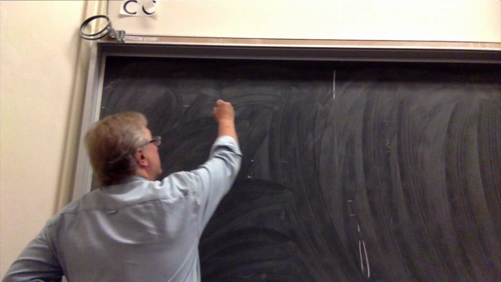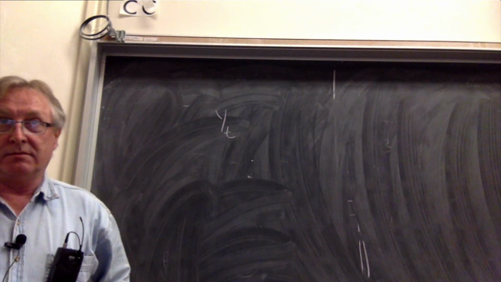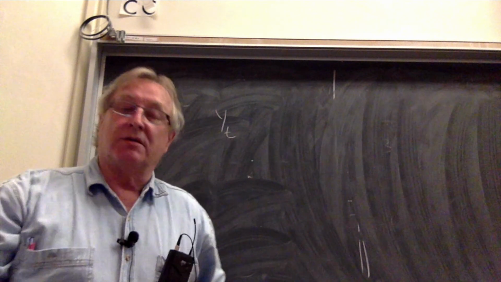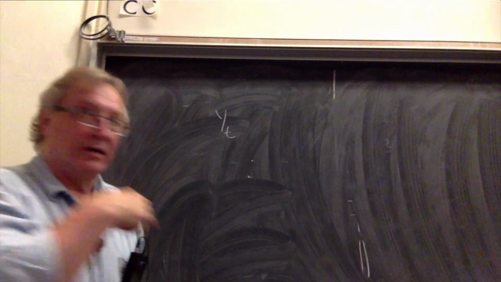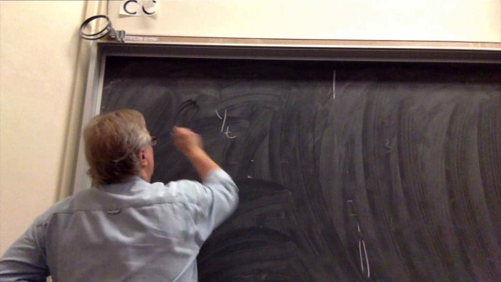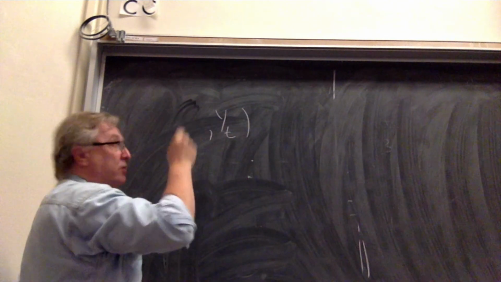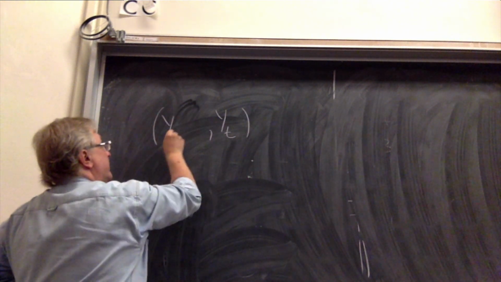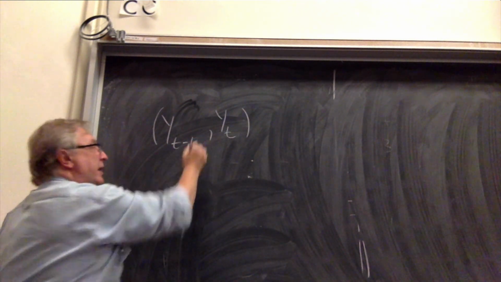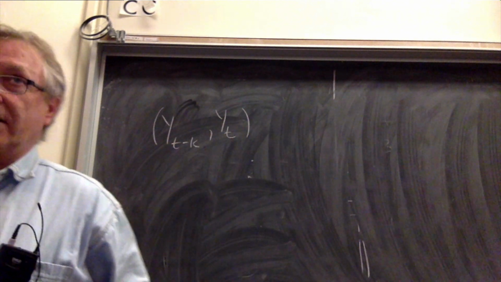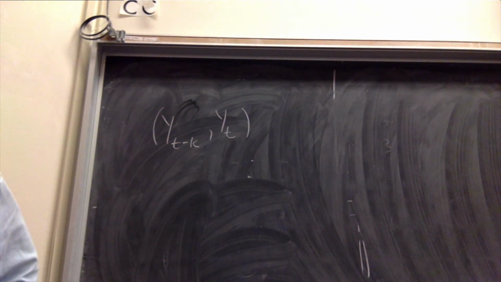So I've got values y at time t. And I say, well, what does this look like compared to some time ago? A lag, right? So I might look at y_t on the vertical axis, and then compare that to the value k time periods ago.